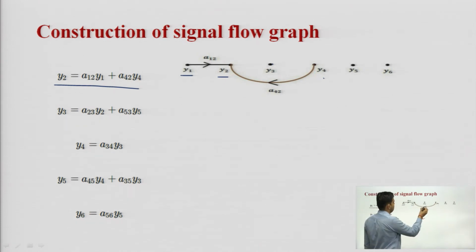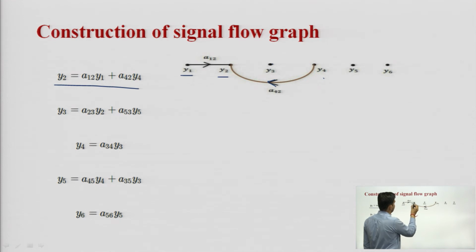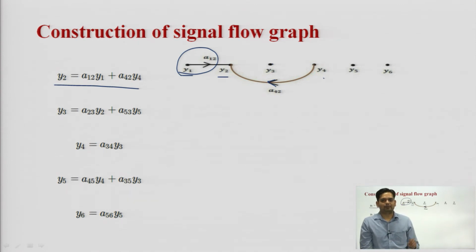We can see this signal is coming from y4 terminating at y2 and a signal is coming from y1 terminating at y2. So, y2 is acting as the output node because it is receiving all the incoming branches. So, here I can write y2 would be equal to y1 times a12, because the y1 signal is passing through it, it will be amplified by a12.